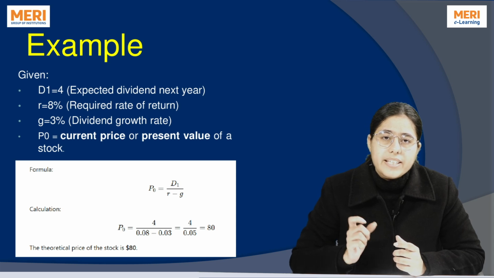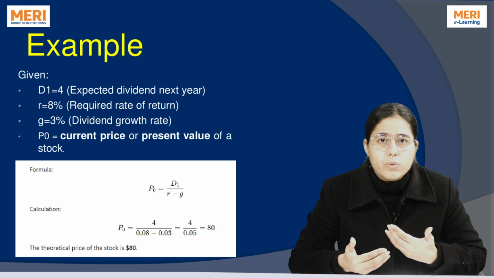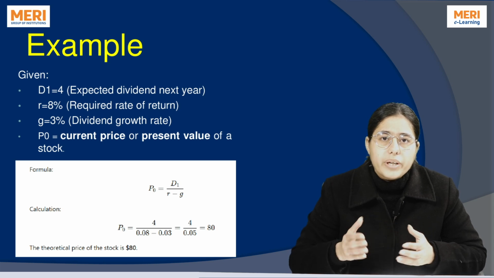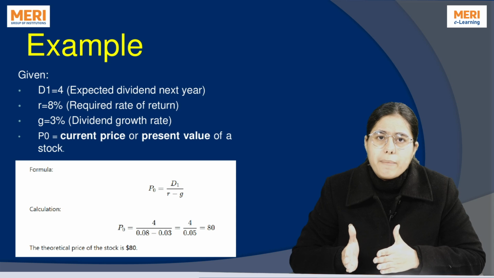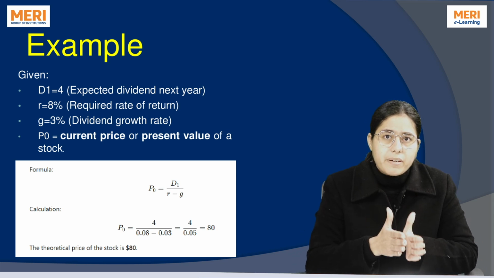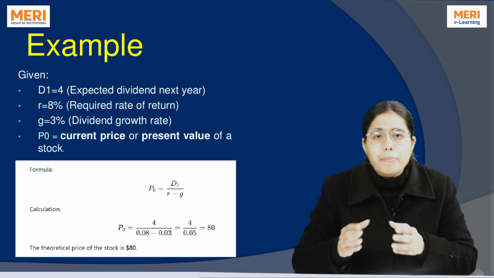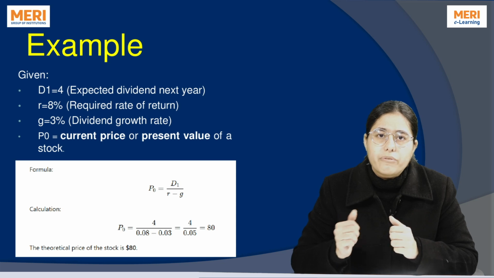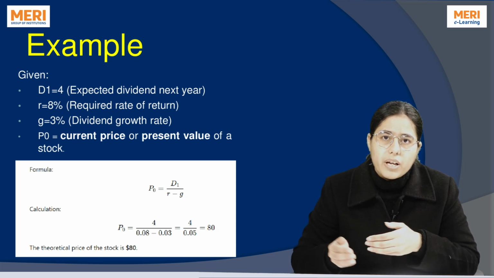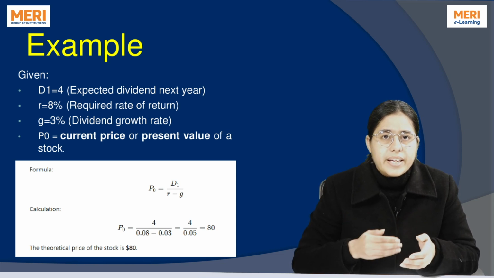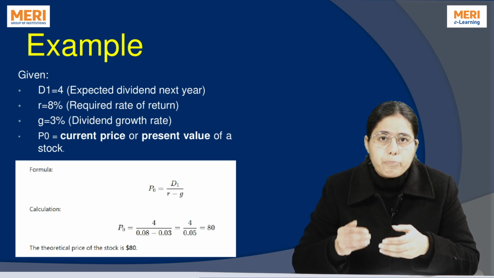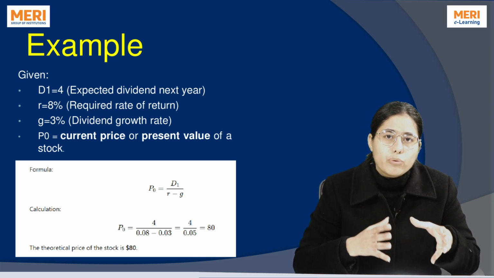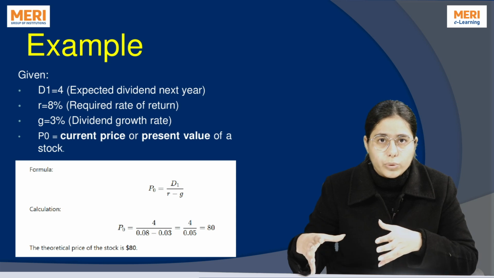Required rate of return is 8%, or we can say the return shareholders expect to earn, and dividend growth rate is 3%. Present value of the stock could be determined by dividing expected dividend by required rate of return minus expected growth rate of dividend. According to this formula, the result is 80. It means the stock should be worth $80 today based on the anticipated future dividends and their growth.